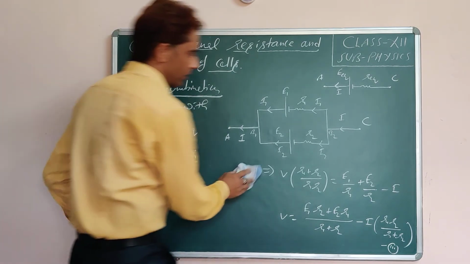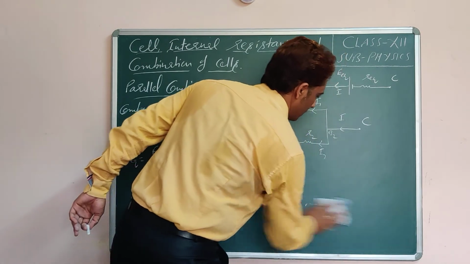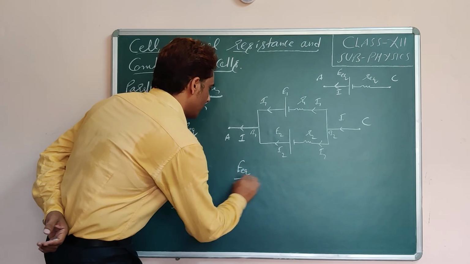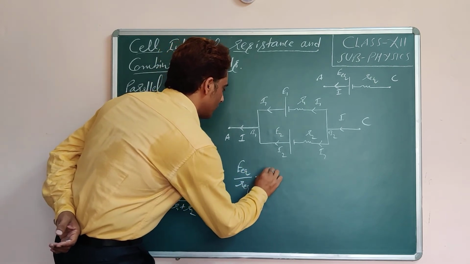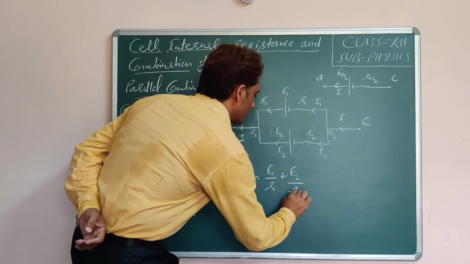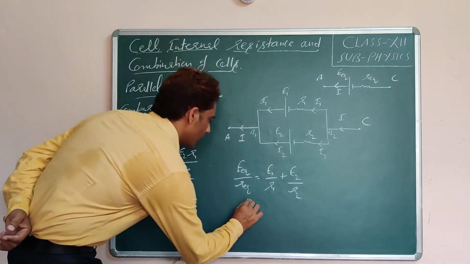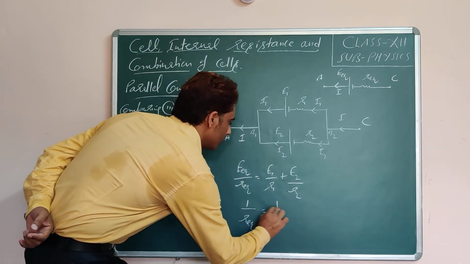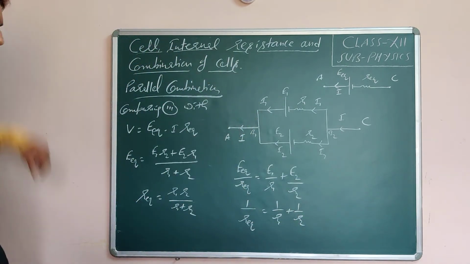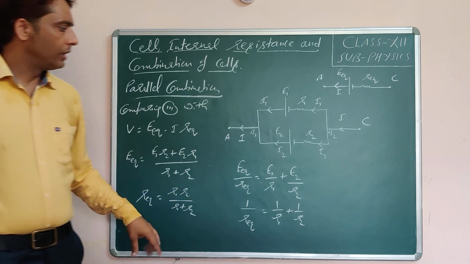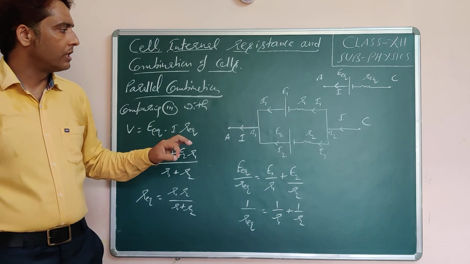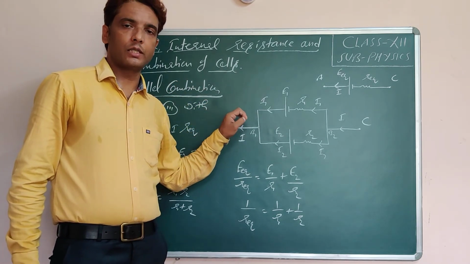In general, we can write E equivalent over R equivalent is equal to E1 over R1 plus E2 by R2, and 1 over R equivalent is equal to 1 over R1 plus 1 over R2. So this is about equivalent EMF and equivalent internal resistance when two cells of different EMF and internal resistance are connected in parallel.